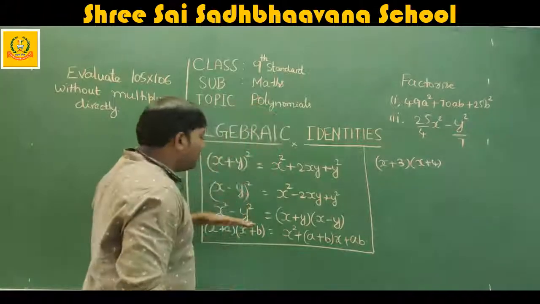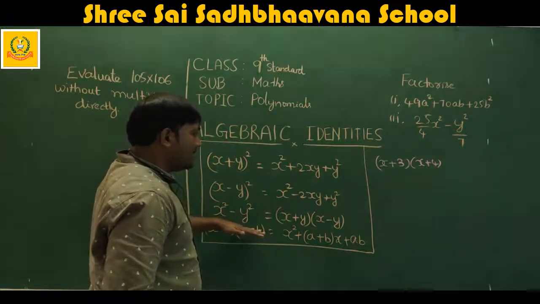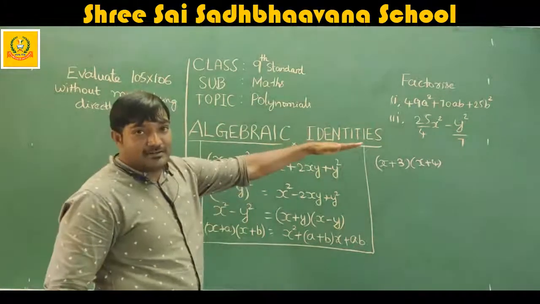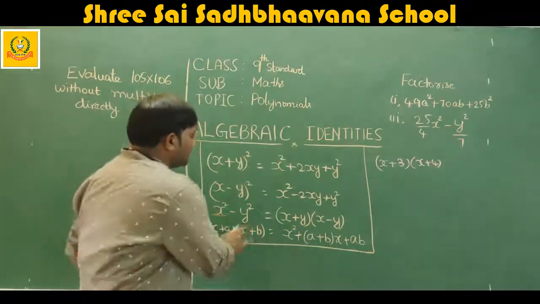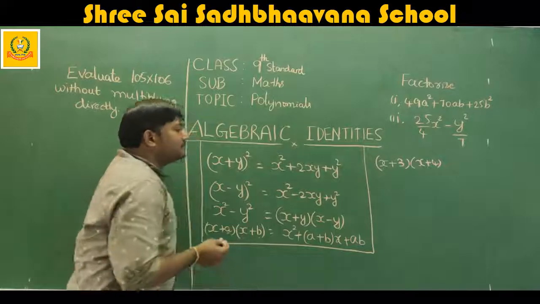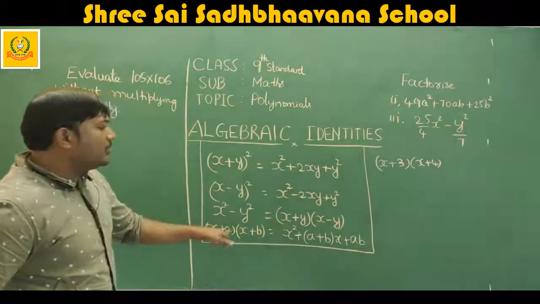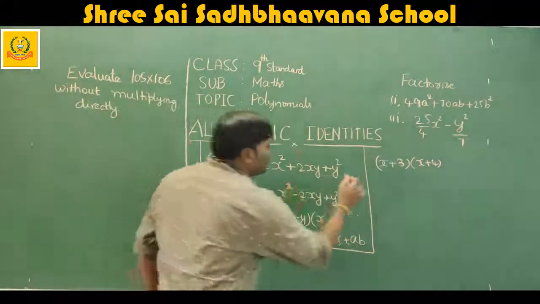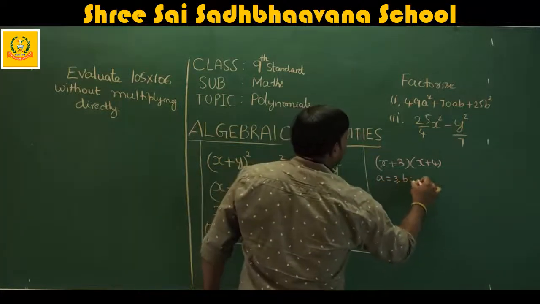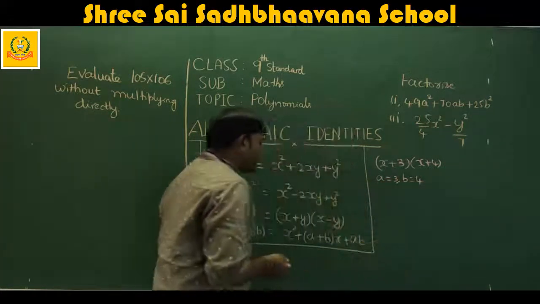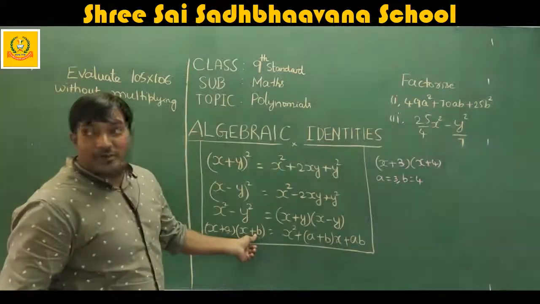When you compare this identity with the problem I have taken, just observe the a and b values. The a value is 3 and the b value is 4. Correct?